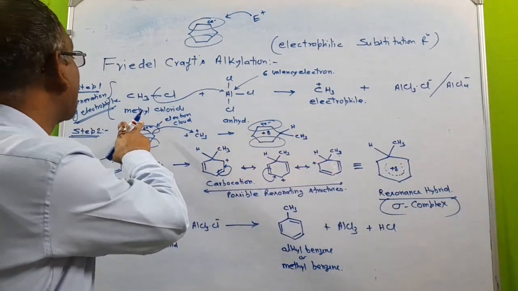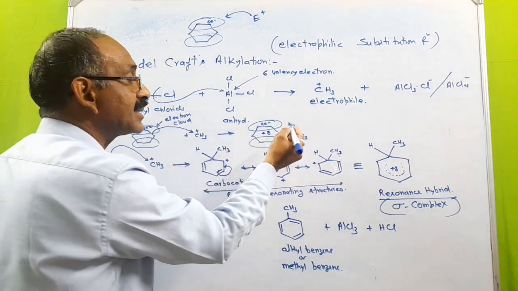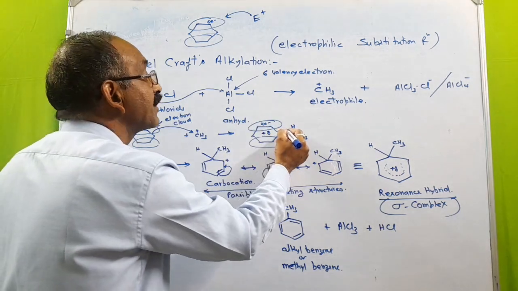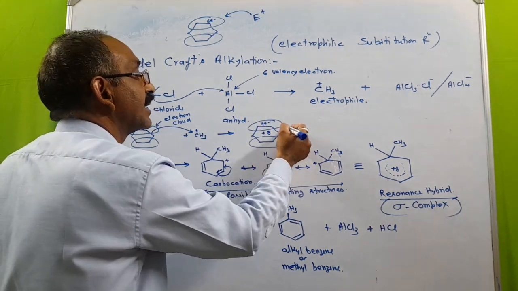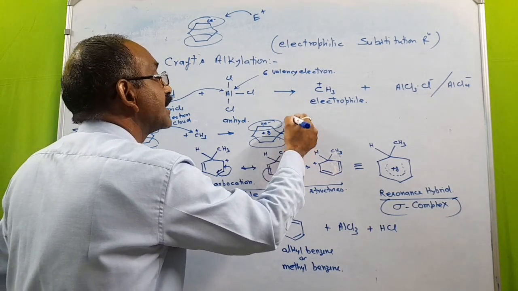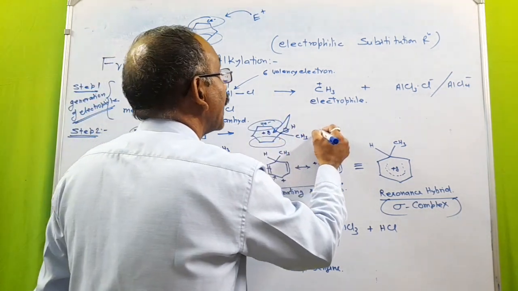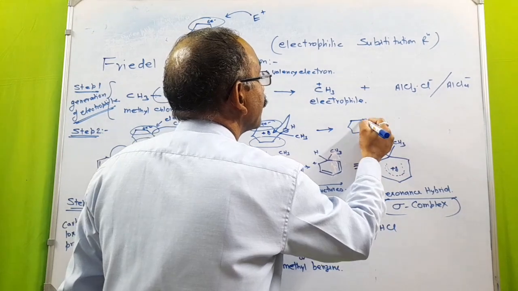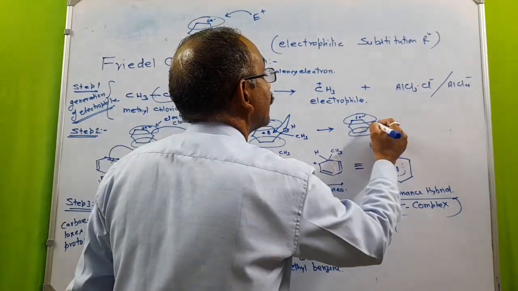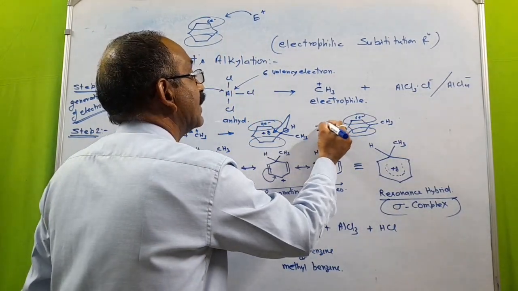See what happens here. As the 2 electrons of the cloud get consumed in forming the bond with the CH3 plus, means the electrophile, the ring itself becomes electron deficient. Now to compensate the deficiency of the ring, the C-H bond electrons of the hydrogen which has to be replaced will be donated to the ring, and finally the cloud of 6 electrons of the ring will be restored, and the H plus will set free.